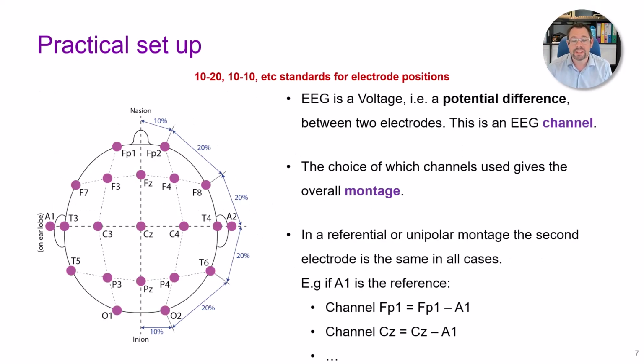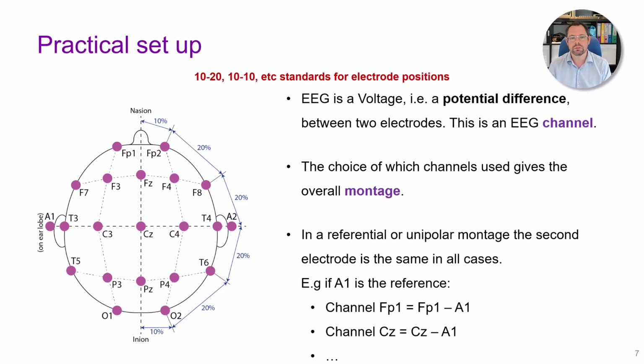In terms of setting up an EEG, the first thing to do is to get some electrodes, and we'll see some of those in a few minutes time, and connect them to the head. There's an international standard for where electrodes are usually placed. In terms of the theory of EEG, it's important to remember that we're doing an electrical measurement.